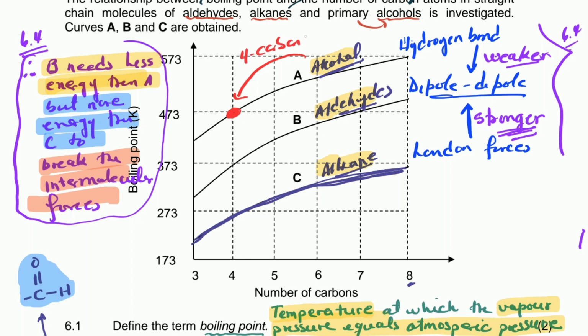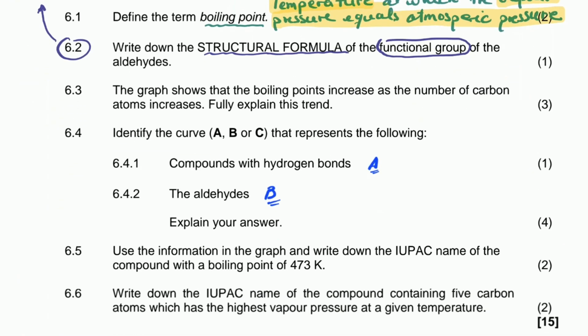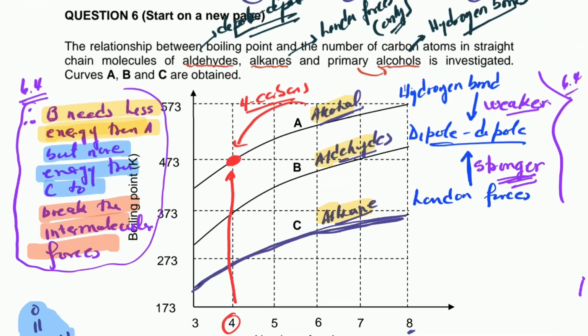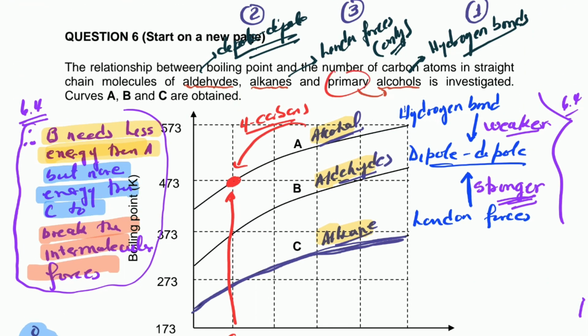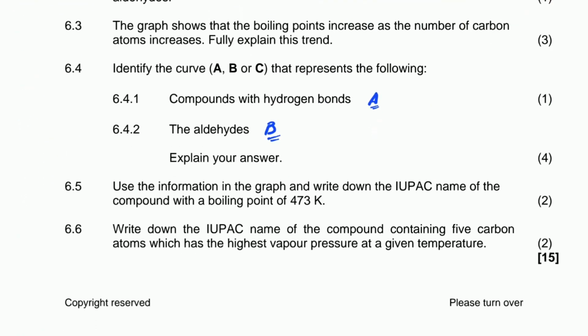You see the number of carbons down there. Remember they are also telling you it's a primary alcohol. So it's a primary alcohol with 4 carbons, and the name is quite simple. It will be butan-1-ol. That is the answer, no analysis needed.